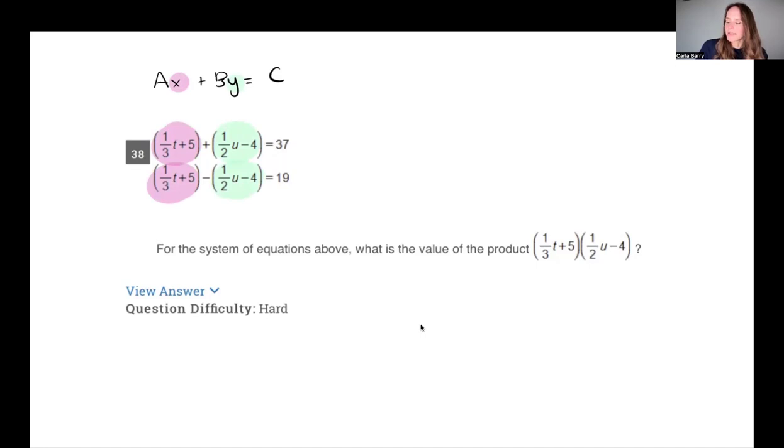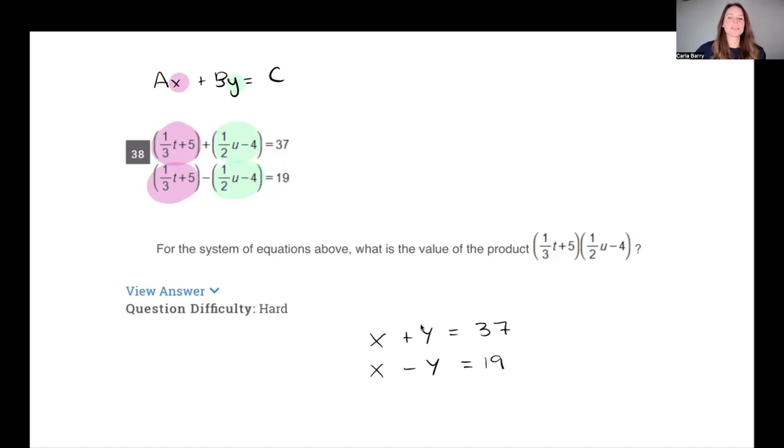So we could rewrite this, and let's do this to help you visualize what's going on here. But that kind of overcrowds this question. So we are going to write x plus y equals 37, and x minus y equals 19.